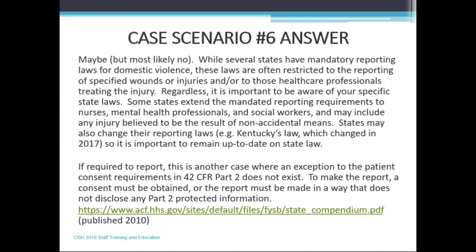With changes like that, if you think the state laws for reporting conflict in some way with what your licensing board says that you have to do or have to report in your ethical guidelines, then I would encourage you to talk with your board and ask them, is it simply that this has not been changed? Are you planning to change this?